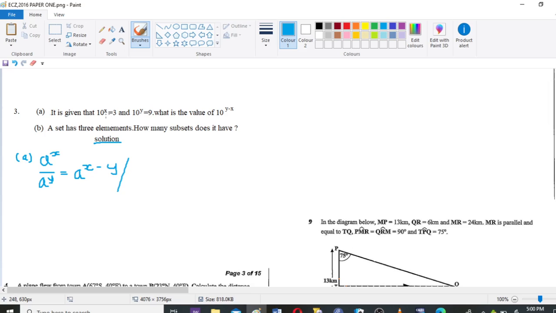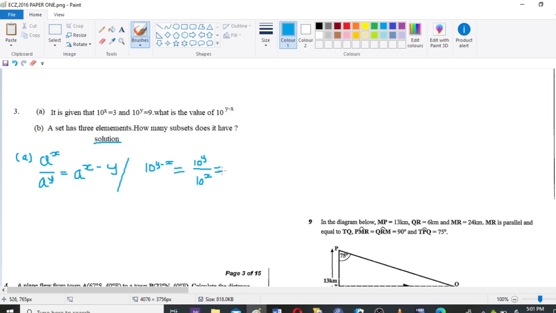So here we have 10 raised to the power x is equal to 3 and 10 raised to the power y is equal to 9. What we want to find is 10 raised to the power y minus x, but we know that this can be written as 10 raised to the power y divided by 10 raised to the power x.